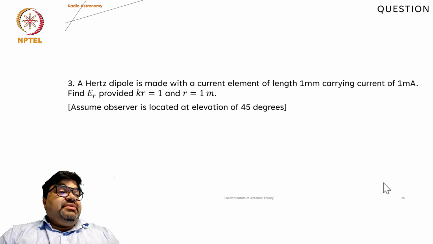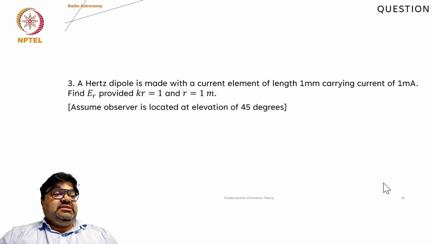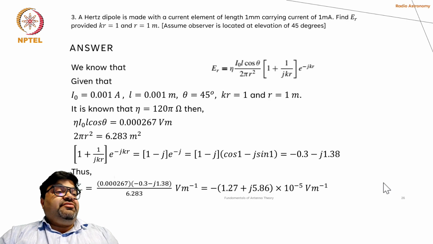The next example: a Hertz dipole is made with a current element of length 1 millimeter, carrying a current of 1 milliampere. Find the electric field provided Kr is equal to 1 and R is equal to 1 meter. Assume that the observer is at an elevation of 45 degrees.